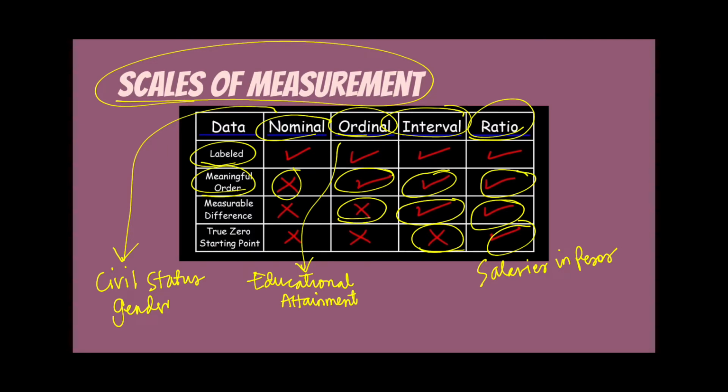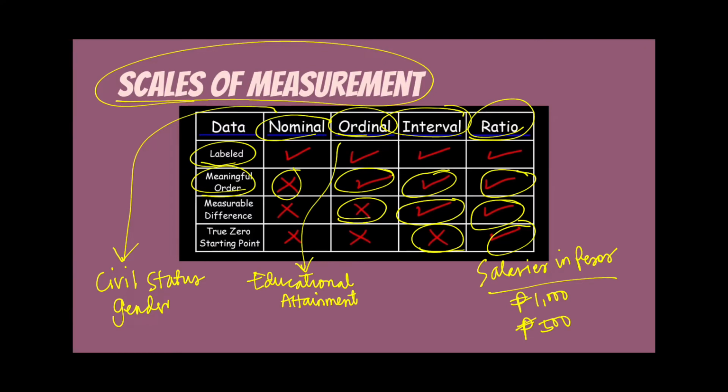Let's say you are earning 1,000 per day, and person number 2 is earning 500 per day. We are sure that the difference between 1,000 and 500 is countable. We know that there is a 500 difference, because these are numerical and countable variables.